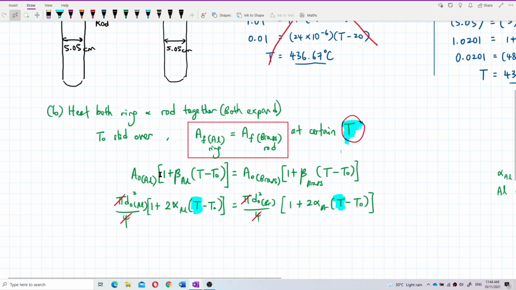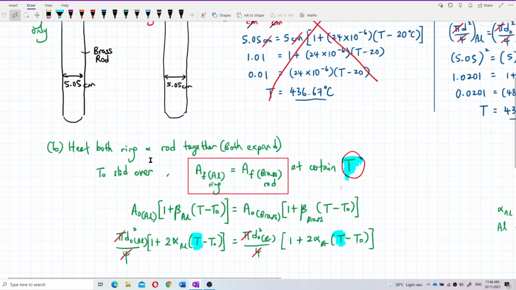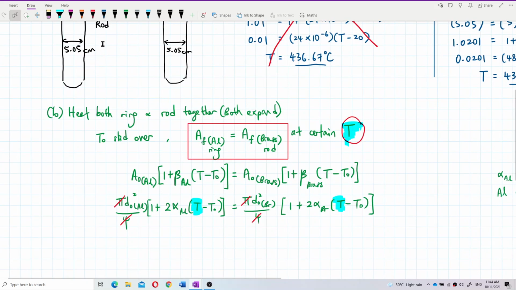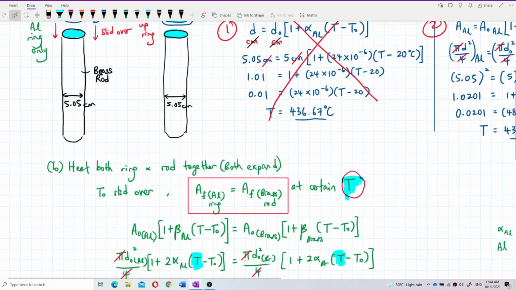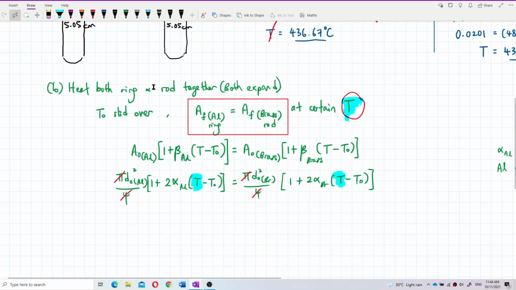You can keep it in centimeter because both the left and right hand side have the same unit, so there is no need to put exponent -2, it becomes messy. So the ring is initially only 5 centimeter.